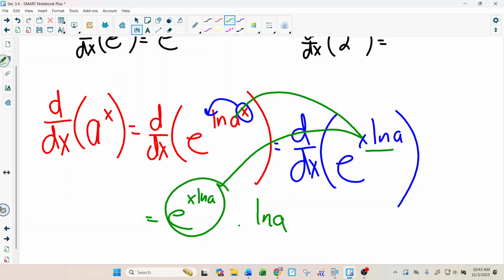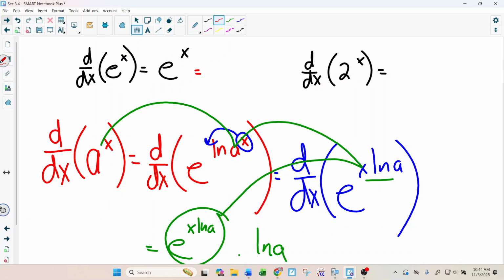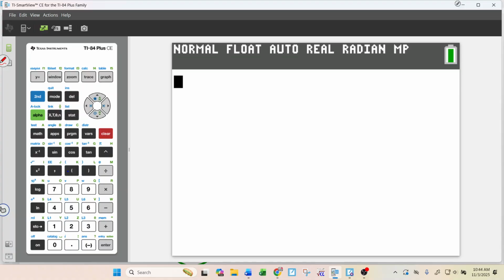Now think about e to the x. This fits this pattern. So the answer would be the natural log of e times e to the x. But what is the natural log of e? E to what power is e? If we just take the natural log of e, that's just 1.